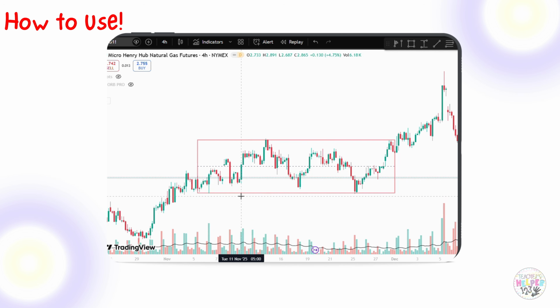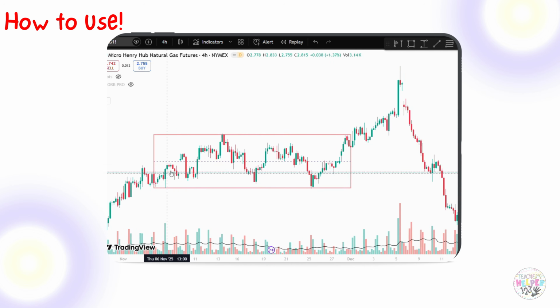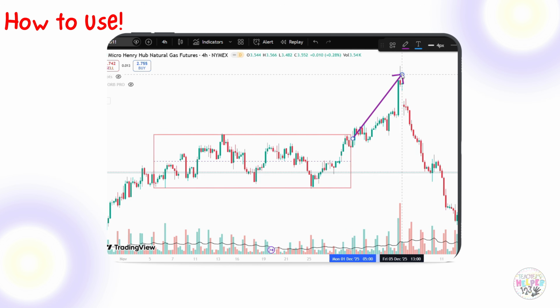Remember, consolidation is stocks that are moving within a certain price range and bouncing back and forth between that price range with no breakout. So take a look at this stock here. This is the consolidation zone, and after it consolidated, it went up.